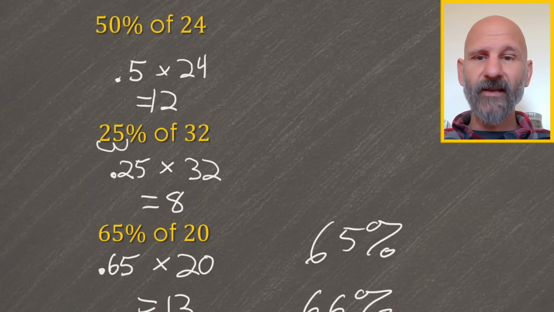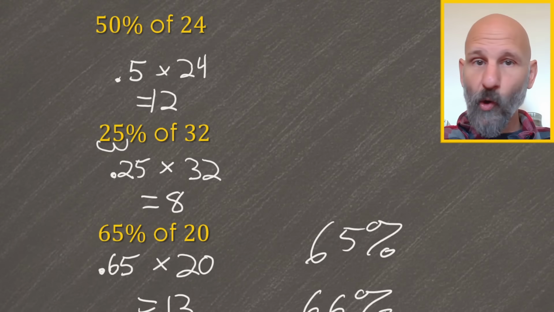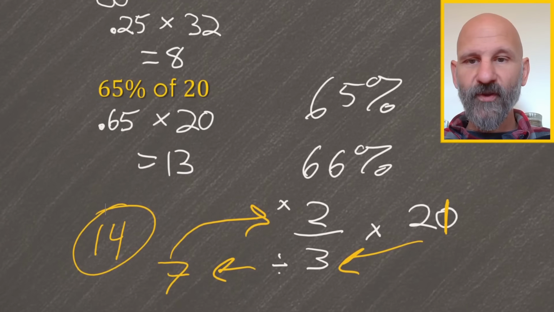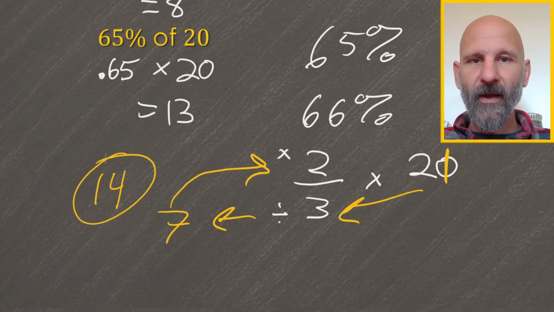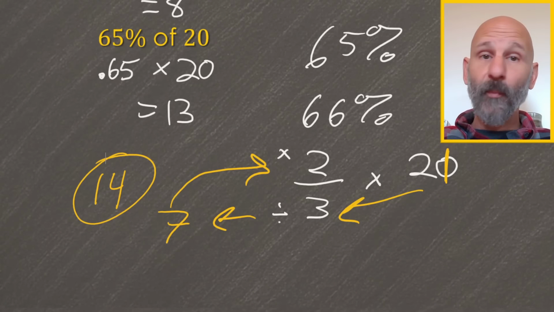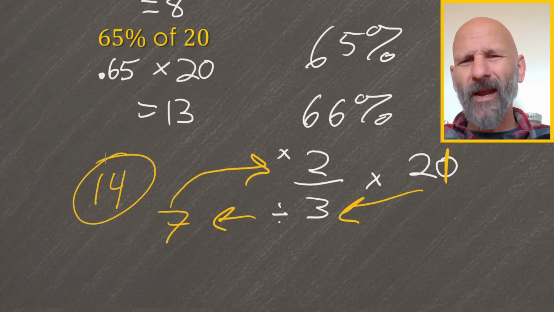The third way is kind of a memorization way, where I just remember 50% and 25%. Well, that's 1/2 or 1/4, so divide by 2 or divide by 4. And then if you got some weird ones, you can do some estimations. You got to play around with it a little bit and see how it would work. But again, this is still a fraction type multiplication, but estimation with the 65%.